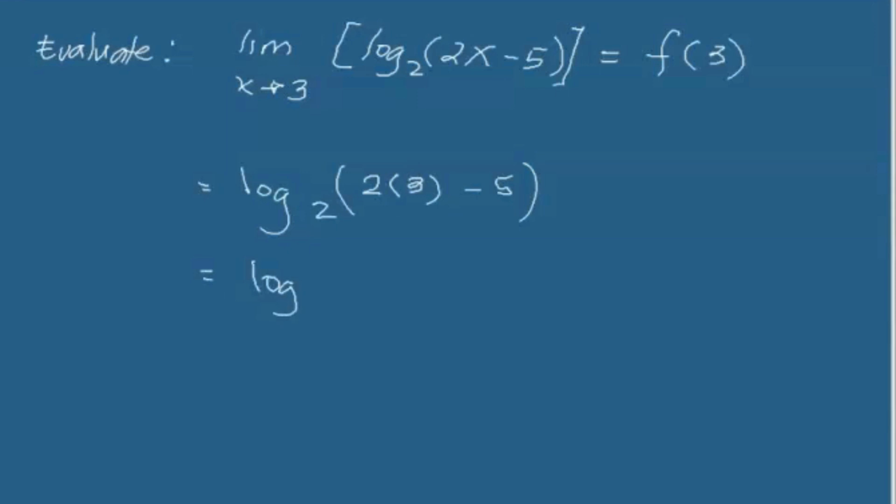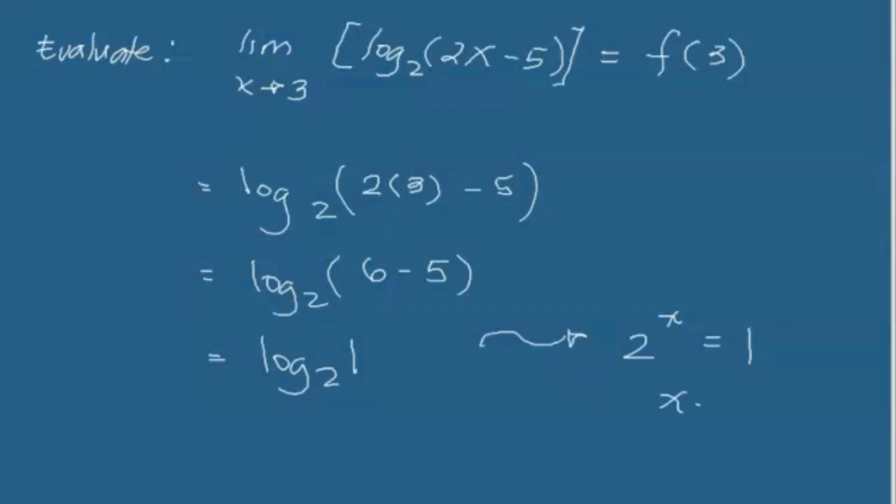So the logarithm of 2 times 3 is 6 minus 5, so the logarithm of 6 minus 5 is 1 base 2. So we're writing this in exponential form. What is the exponent of base 2 to give an answer of 1? And we know that it is 0. So therefore, the answer for this is 0.